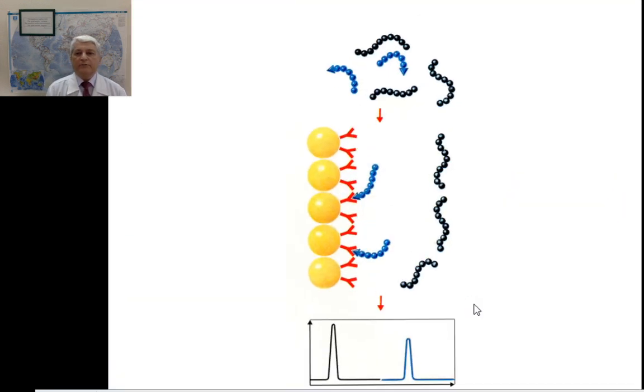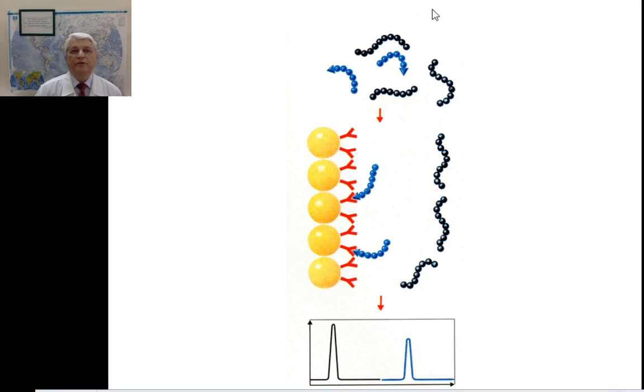And now, at the end of our lecture, I want to tell you about some applications of monoclonal antibodies. For example, on this picture you can see affinity chromatography. If we use monoclonal antibodies that can specifically interact with one of the molecules, such a molecule is shown here in blue, we can use such antibodies to divide different molecules.